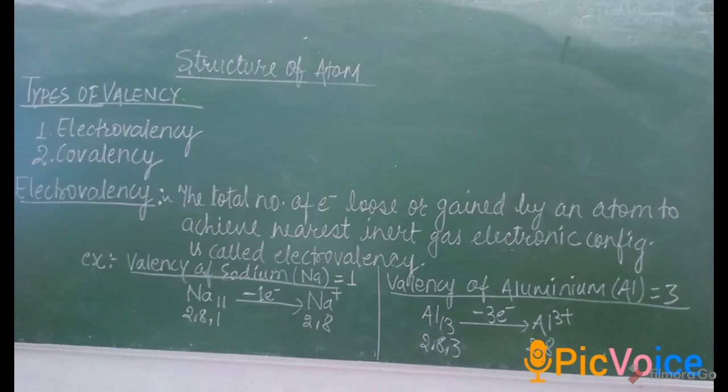The aluminium atom can lose these 3 electrons to stabilize itself or to achieve the nearest electronic configuration of neon, which is an inert gas. Since one atom of aluminium loses 3 electrons to achieve the nearest inert gas electronic configuration of neon, the valency of aluminium is 3.